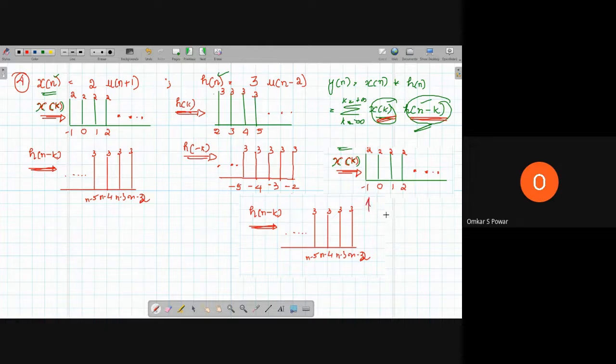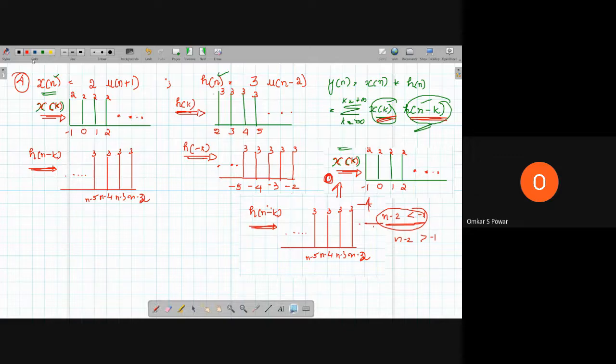When n minus 2 is greater than minus 1, I'm moving this one to the right side. Those two cases you have to consider. When n minus 2 is less than minus 1, if you convolve here, nothing will be there, right? Output will be 0.